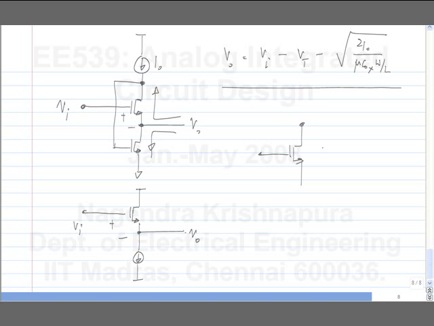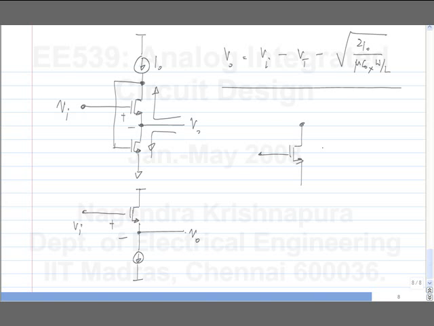Or even if you assume a small GDS, it looks like the output impedance is large. Is that reasonable or no? Why? But how?